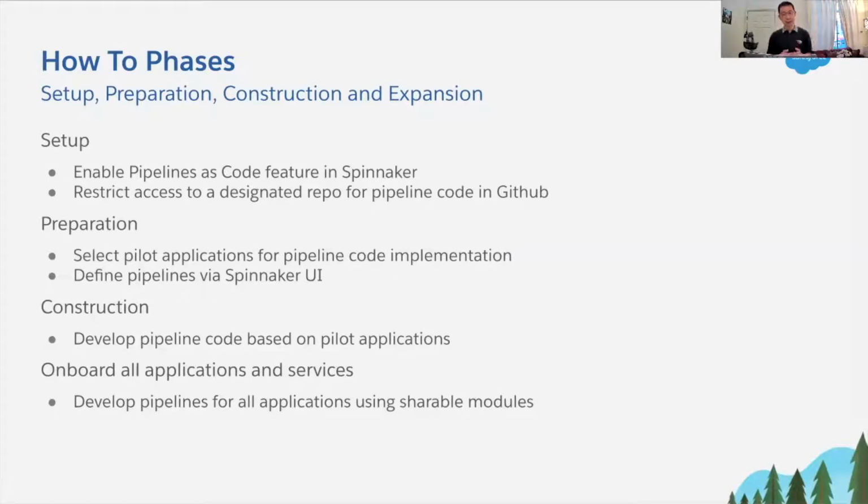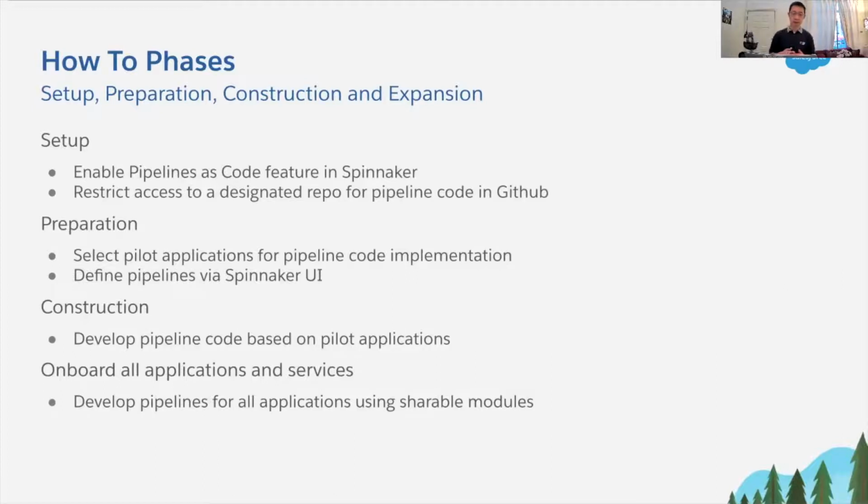Setup mainly involves enabling the feature itself, the pipeline as code feature in Spinnaker, and restricting access to a designated repo for managing the pipeline code in GitHub. During the preparation phase, we select pilot applications for pipeline code implementation. We define pipelines using the Spinnaker UI. Then we move on to construction.